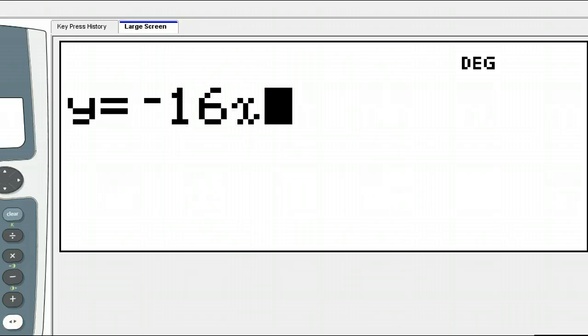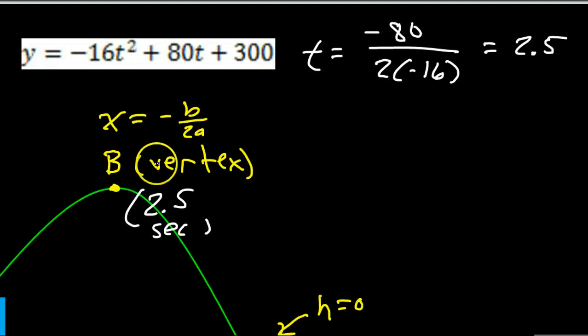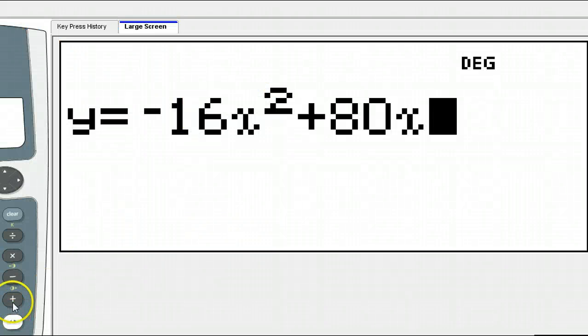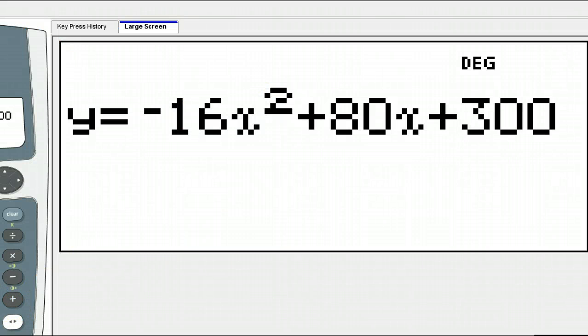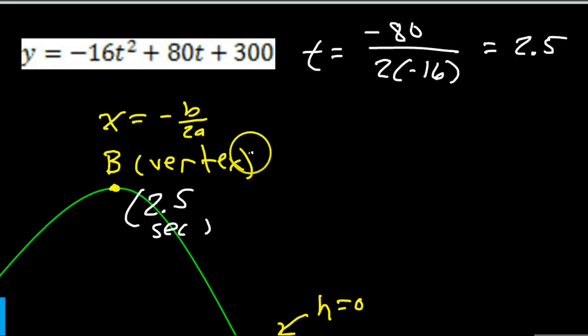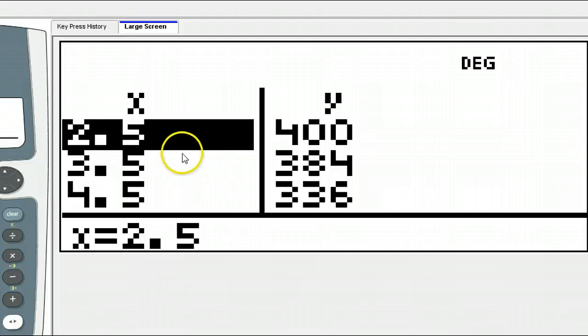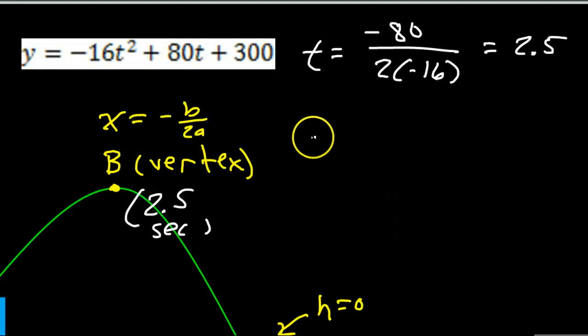We'll have to go x squared plus 80x plus 300. It's asking where we want to start. Well, we want to start at the x value of 2.5. So we'll do 2.5. Let's hit enter like 4 times. Okay, so at time 2.5, we're at a height of 400 feet.